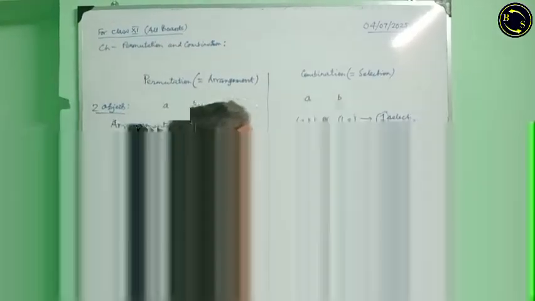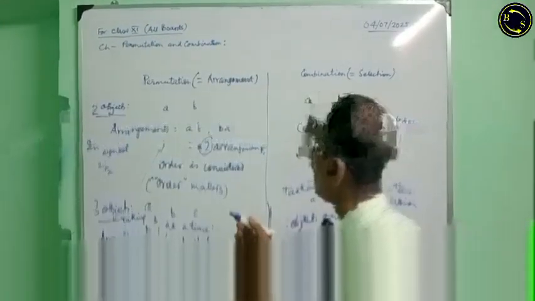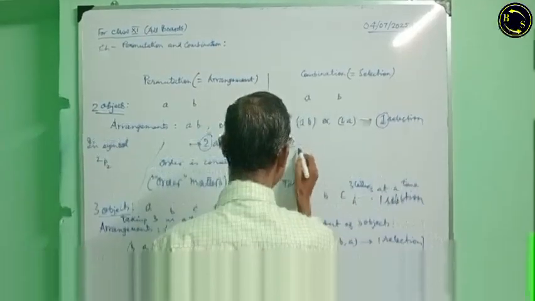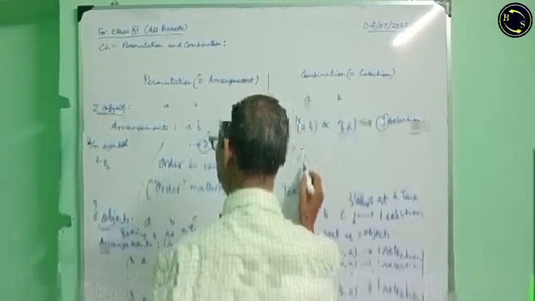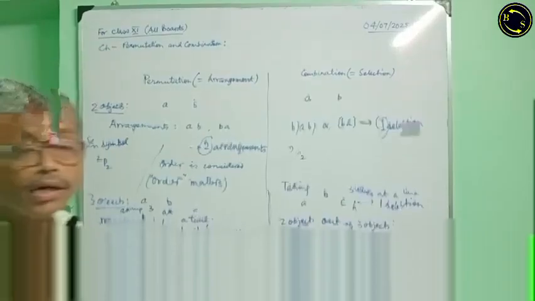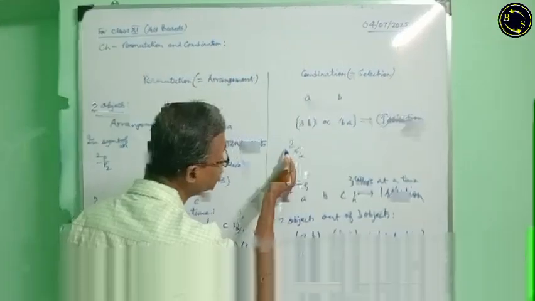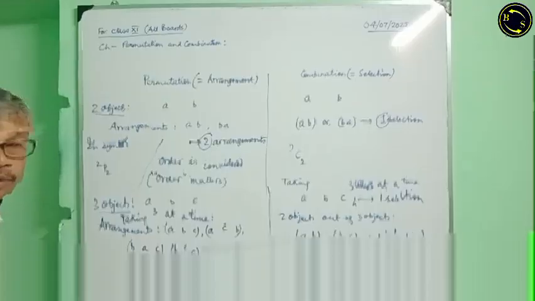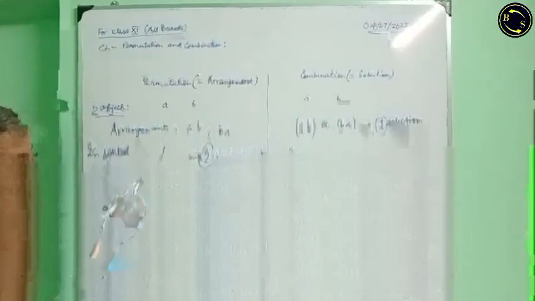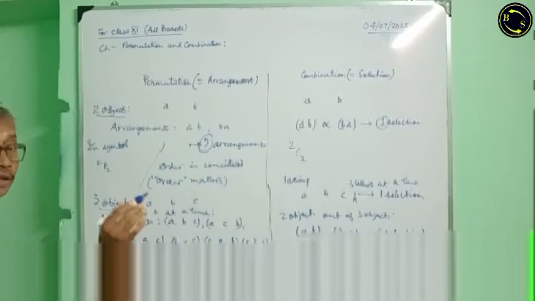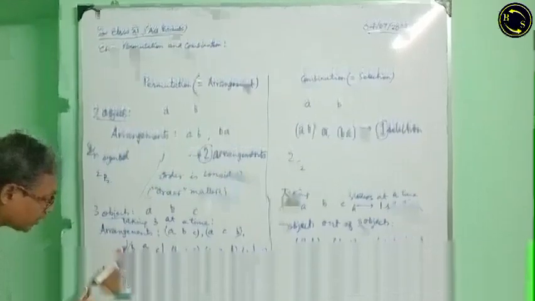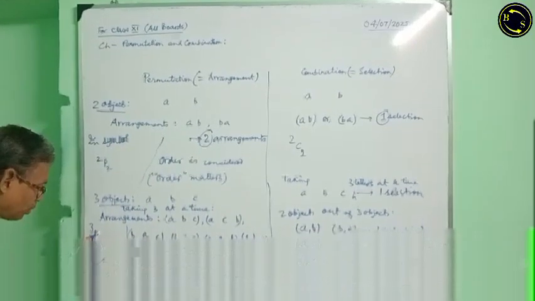In case of combination, out of two, we are taking two at a time. The number of combinations is represented by the symbol 2C2. C for combination. In this case, three different objects are there, taking two at a time. That is represented by the symbol 3P2.